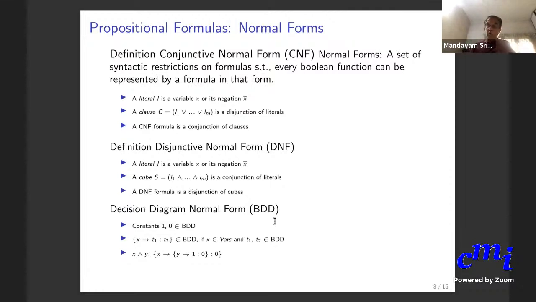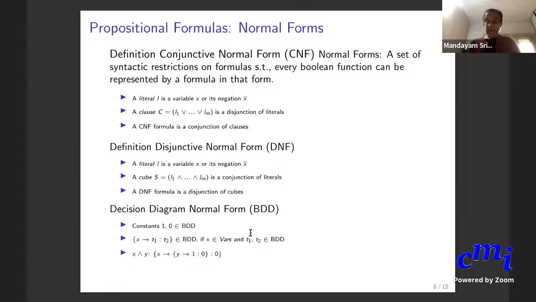BDD with a few more restrictions, okay? If you restrict the order in which the variables have to be checked in the BDD, a particular total order on the variables, then this form is usually called ordered BDDs, signifying that the variables are ordered.